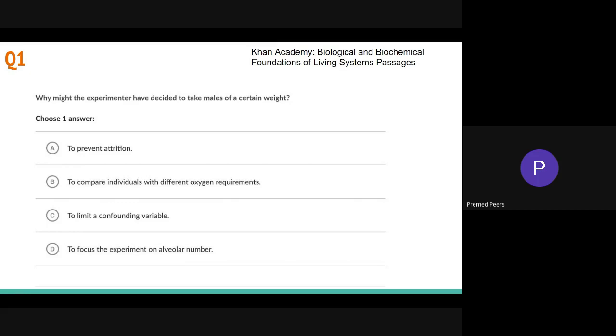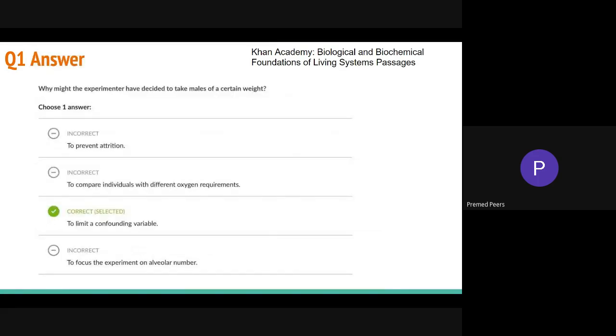This one makes sense because weight could be a confounding variable, and you want to make sure to account for this, and that's usually what scientists try to do. D, to focus the experiment on alveolar number. I'm not sure that that varies with weight. So that's why we go with C. We don't really use the passage much for this one.